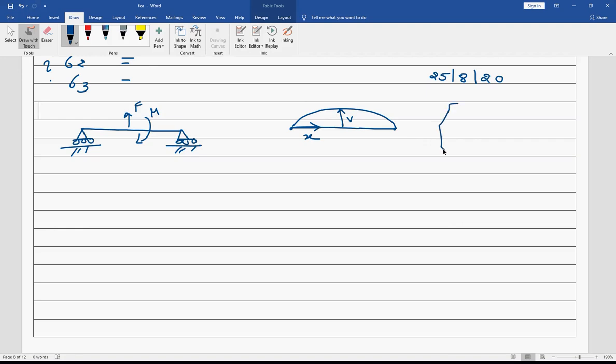Now if I draw a cross-section of this, and let's consider this to be a neutral axis, then this is going to be my stress direction.